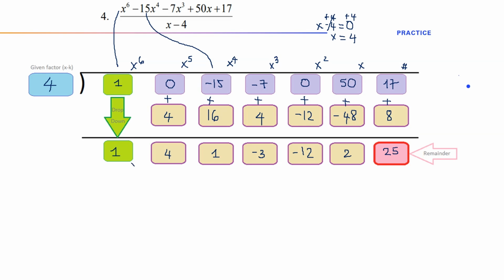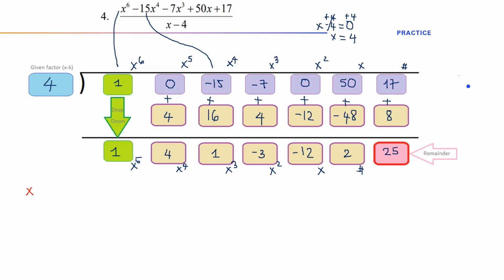Now, remember to reduce. So x to the power of 5, x to the power of 4, x to the power of 3, x squared, x, then number, then remainder. Alright, now we rewrite it.